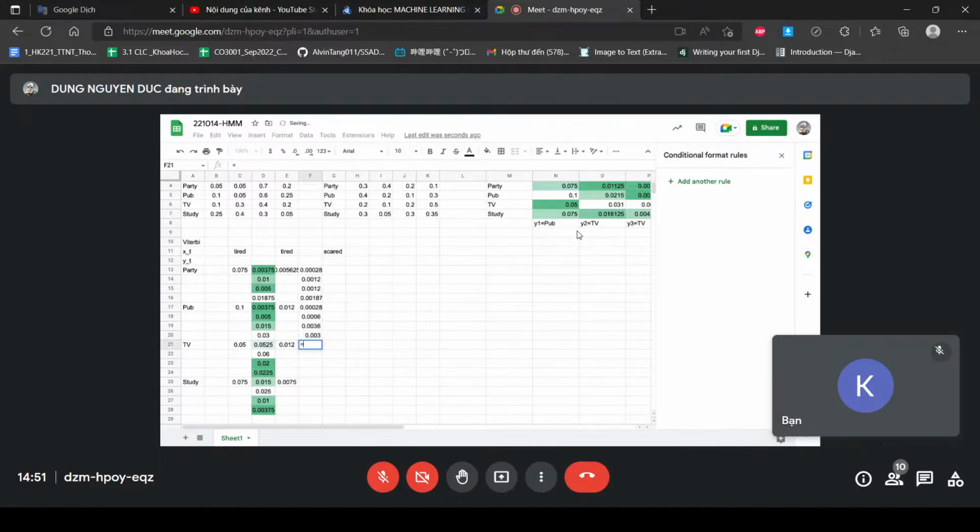And this time we have D. So E13 multiplied with D4. This is E17 multiplied with D5. This is E21 multiplied with D, what? I messed up. Sorry, my head is exploding.